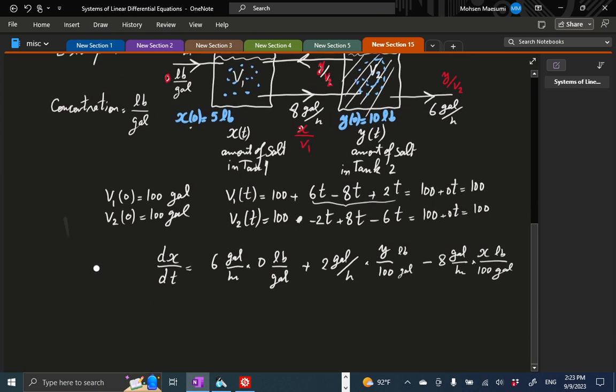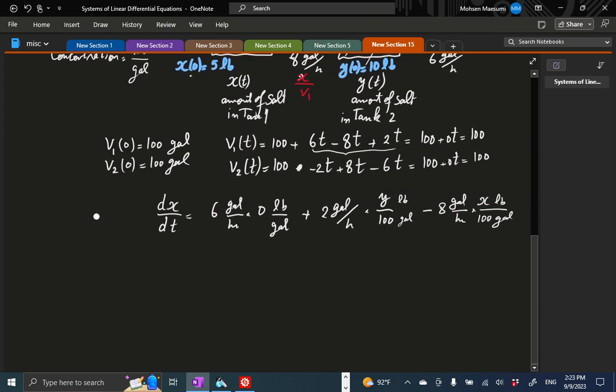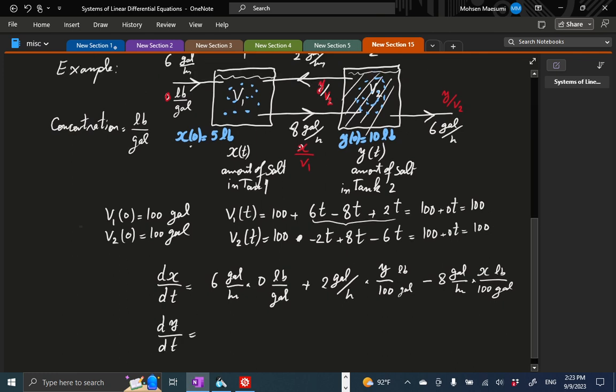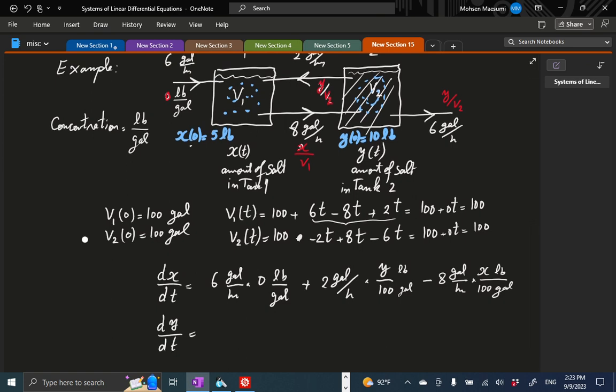Now, same story for tank number 2. So let's keep these numbers in view. dy/dt is what now? It's what is coming in and what's going out. You're taking out here and out here.